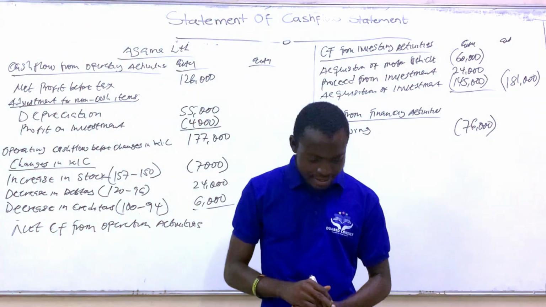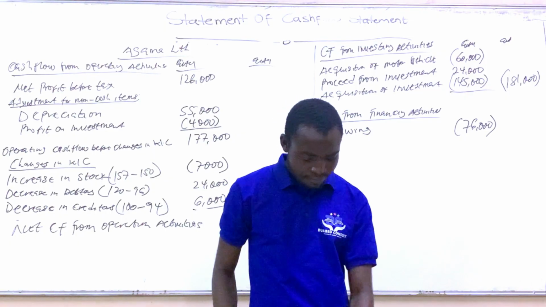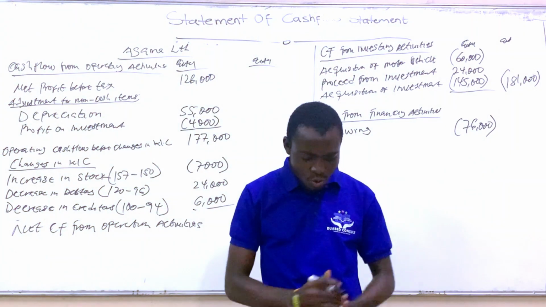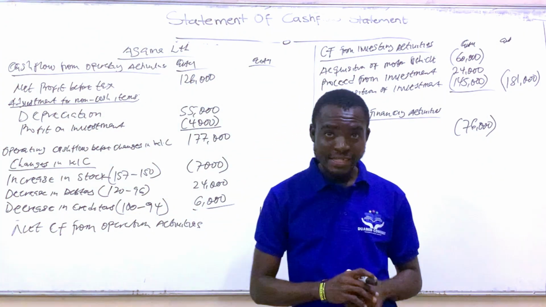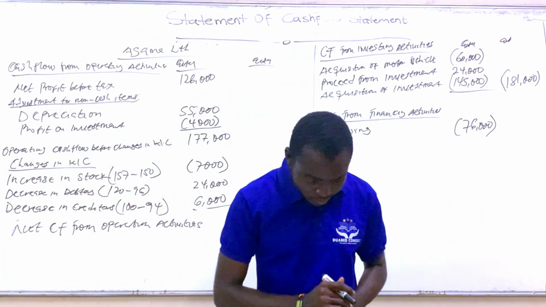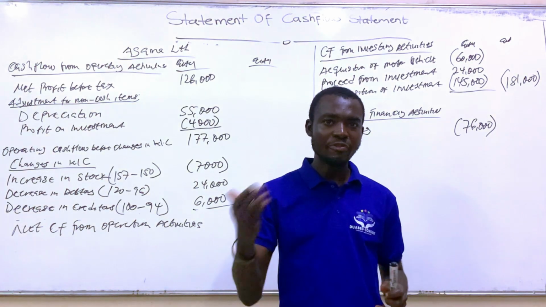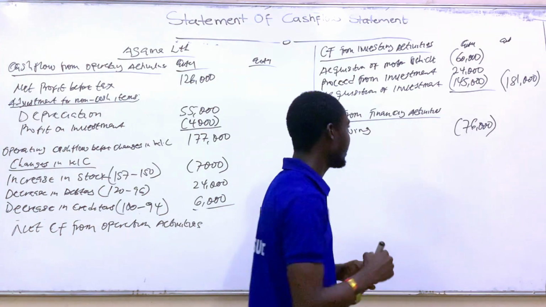And then the next item that will fall under financing activities is loan. Loan for 2007 is 150,000, and then 2008 is 200,000. So it means there was a further loan of 50,000, and since we have received a loan of 50,000, this will increase our cash and cash equivalents.